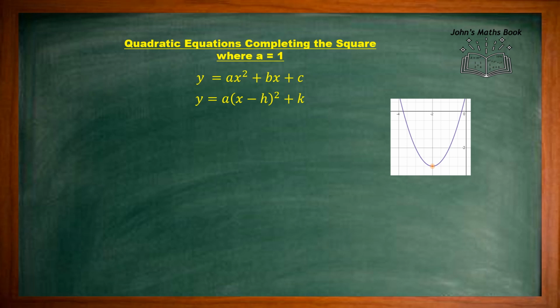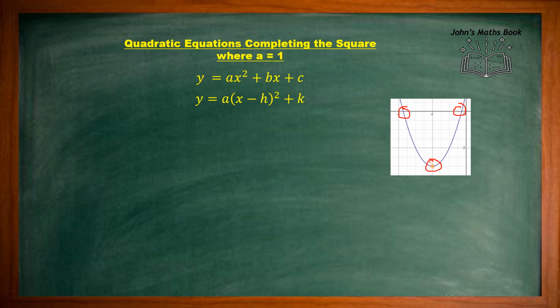If we plot the xy graph of a quadratic, as we know it's a parabola shape and it has two roots. One is here and the other is here at y is equal to 0. One reason for using the completing the square method is that we can find the vertex of the parabola, or where the curve turns, as shown here.